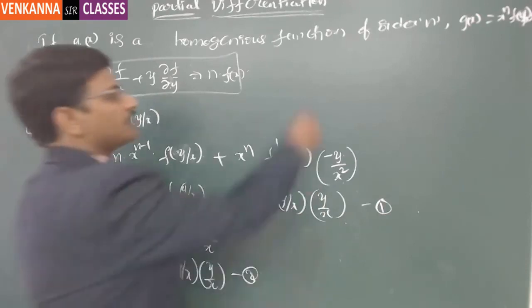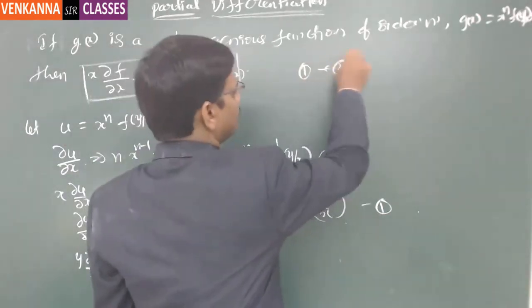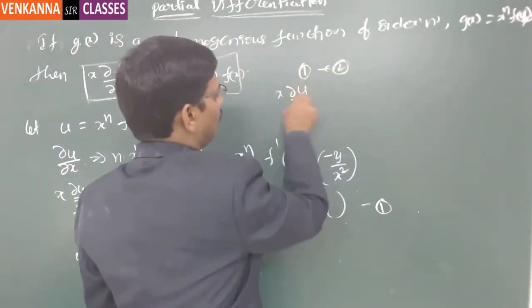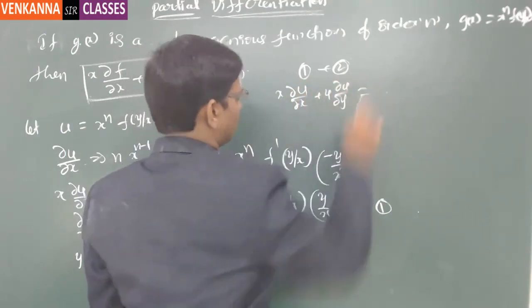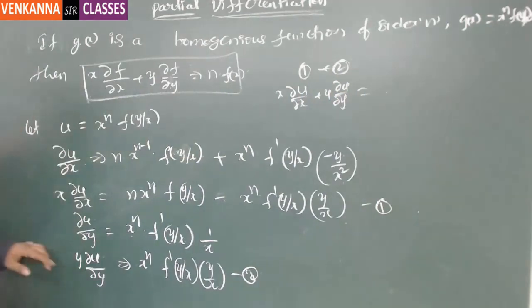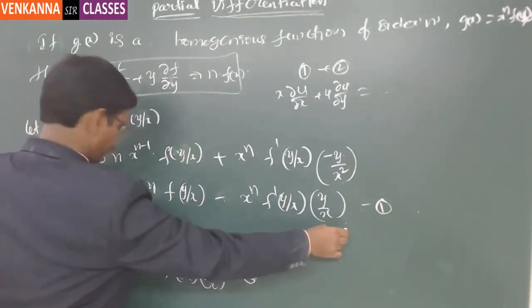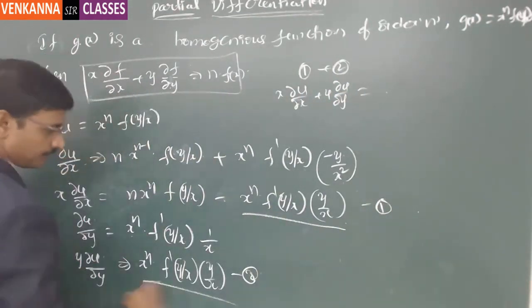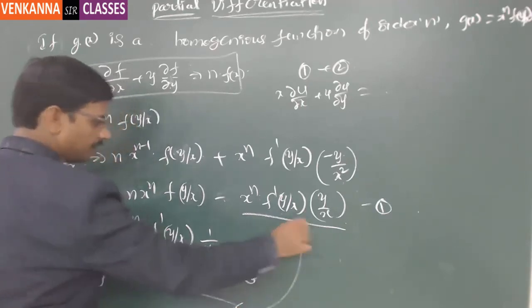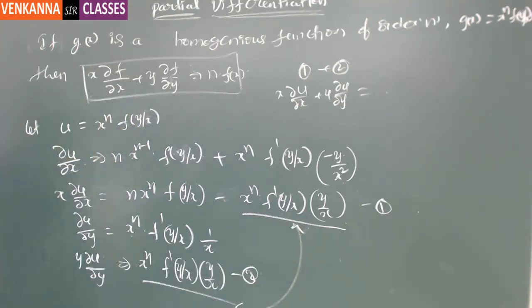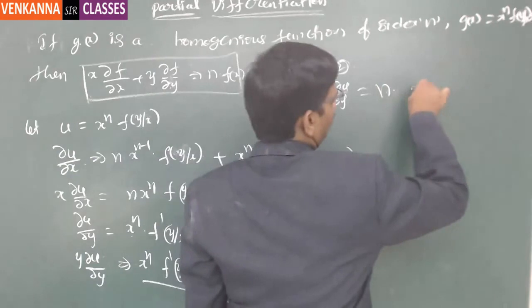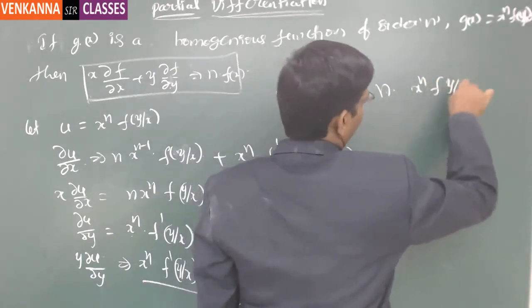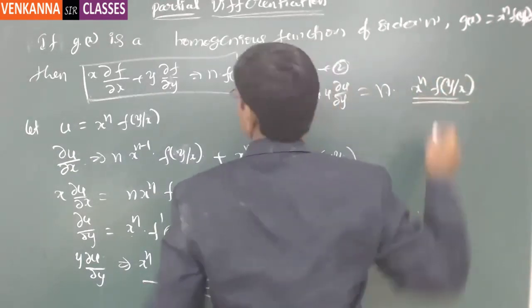Now if you add equation number 1 and 2, then this will be x ∂u/∂x plus y ∂u/∂y is equal to, so here this term and this term both will cancel out. These two are one and the same but with opposite sign, so this will become 0, and what is left over is n into x^n into f of y/x.